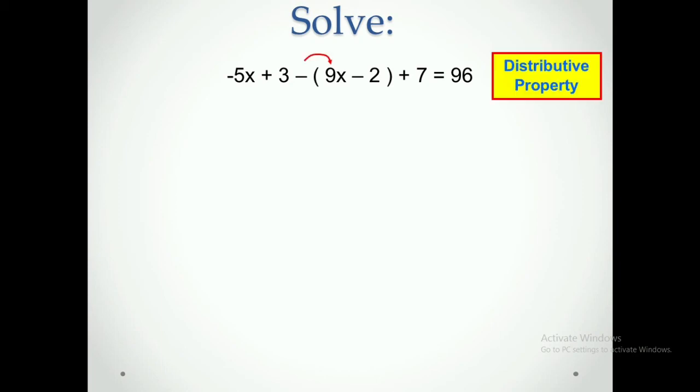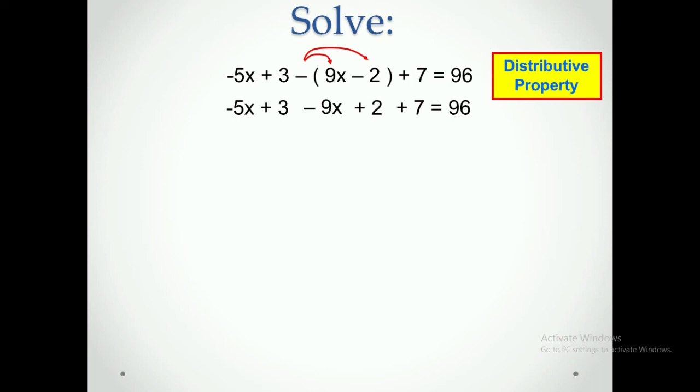So using the distributive property, it will be -1 times a positive 9x, that's -9x. Then multiplying -1 times -2 will give us a +2. Then we just bring back what we had before, so that's -5x plus 3 minus 9x plus 2 plus 7 equals 96.